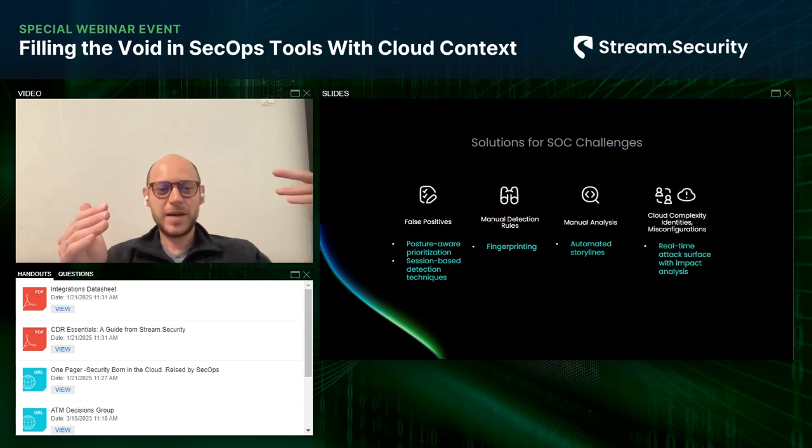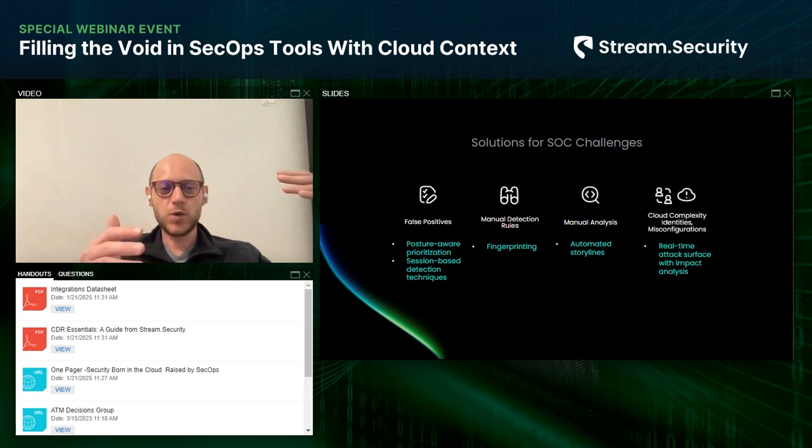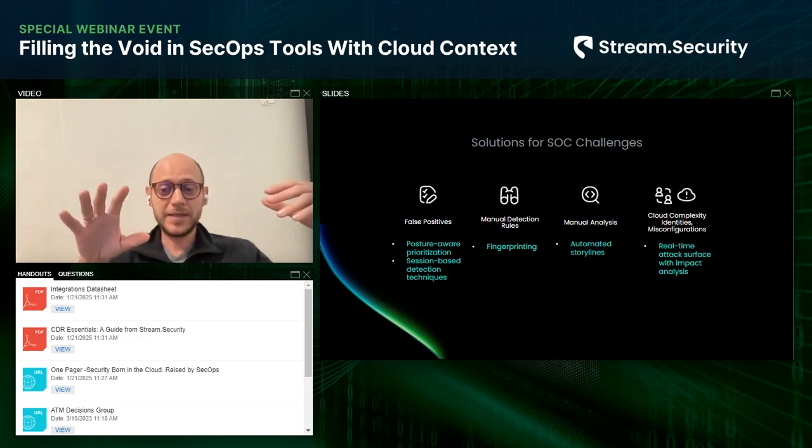If you are not using something that does anomaly detection in the cloud and understands those operations automatically, maybe with LLMs or other techniques, you will need to chase those with rules. Now, if a breach happens, until you have those rules, you will never know about that breach. And this is why we believe that fingerprinting is the right way to go in the cloud, while you and your team can go and add detection policies on top of the fingerprinting mechanism to detect high fidelity signals that you know of.